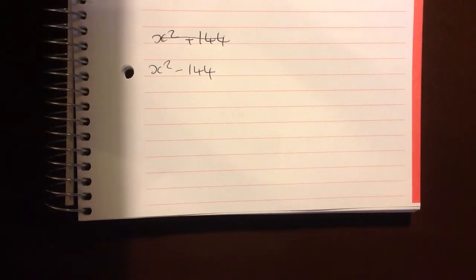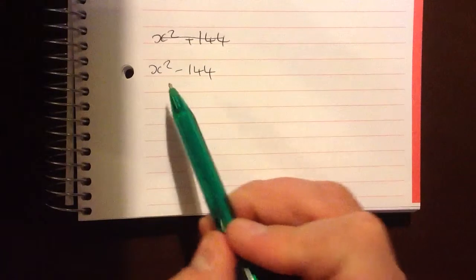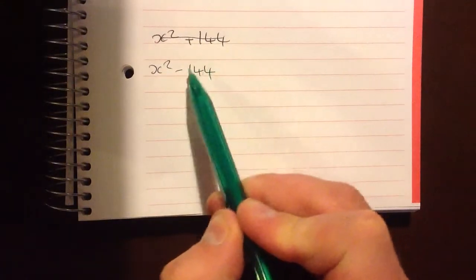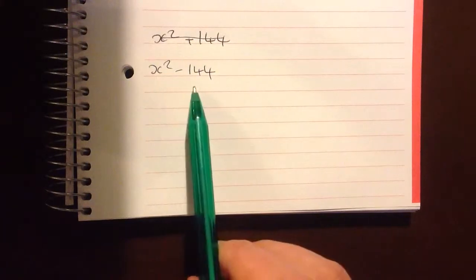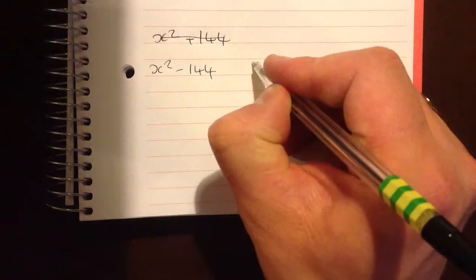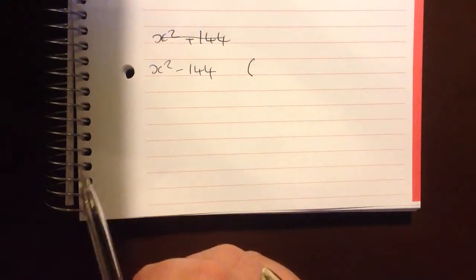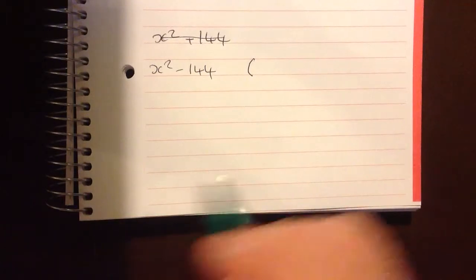Okay, it's a difference of two squares, and that means that x squared is a square number of some sort, and 144 is a square number. And it's the difference between the two. That's why it's called difference of two squares. Right, we'll start by listing pairs of factors for 144.